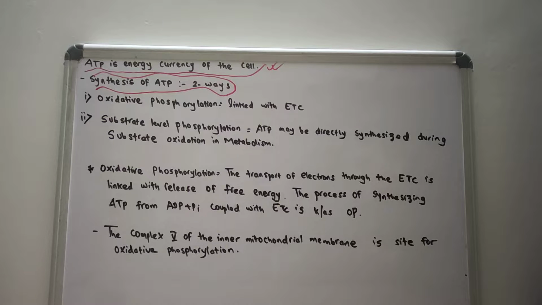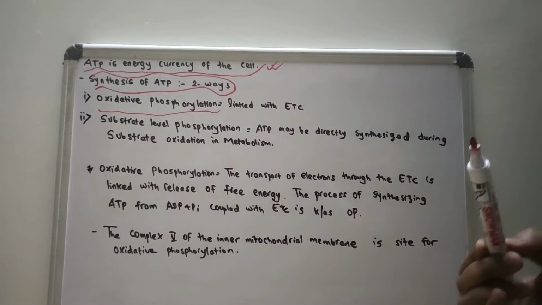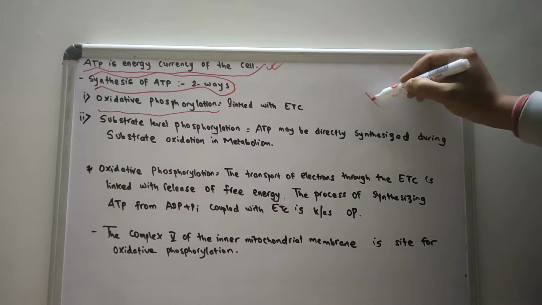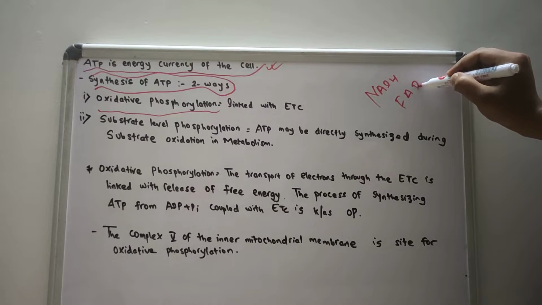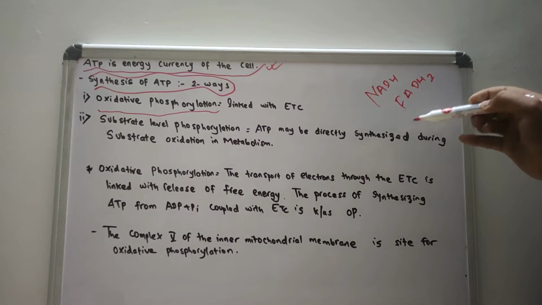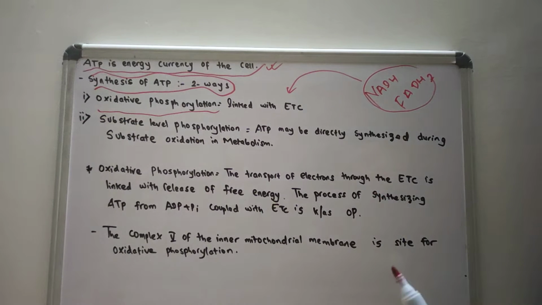Whenever I say that in the various cycles of carbohydrate metabolism the ATP is produced by oxidative phosphorylation, that means a substrate like NADH or FADH2 is linked with the electron transport chain to give ATP as a final product.